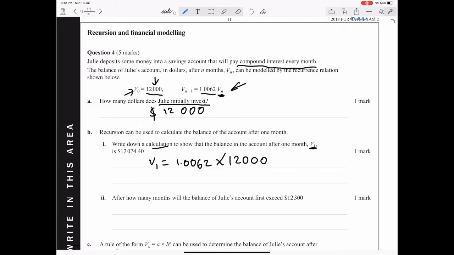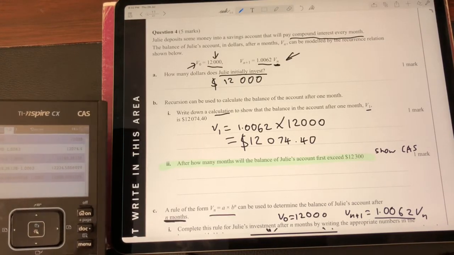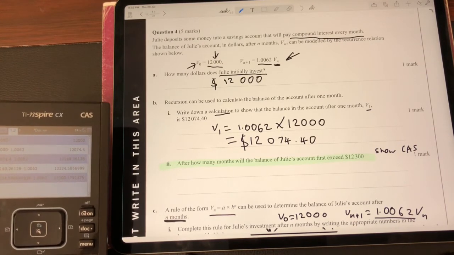So calculation to show the balance, and then if you put that on your calculator, that will give you $12,074.40. So put that in your calculator, and you get $12,074.40 as your answer.